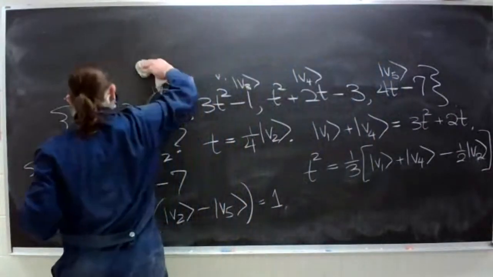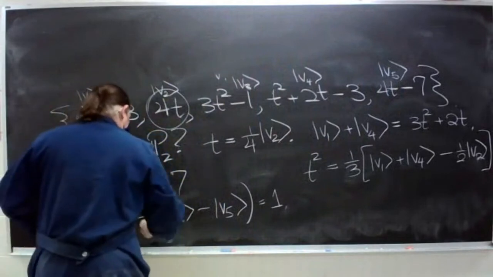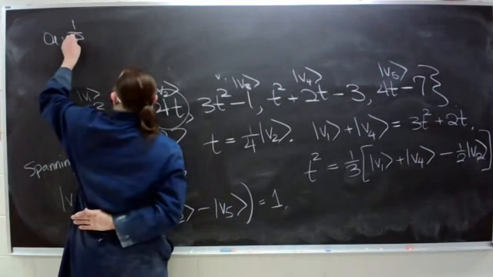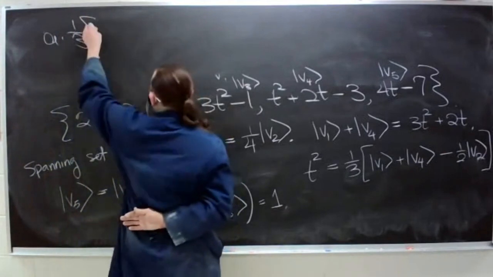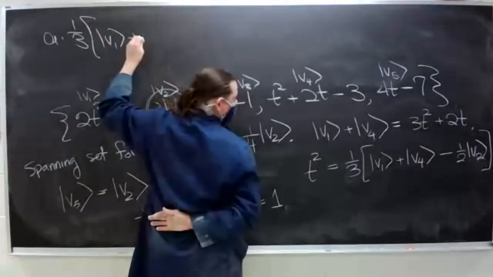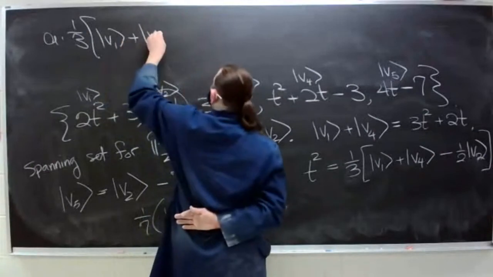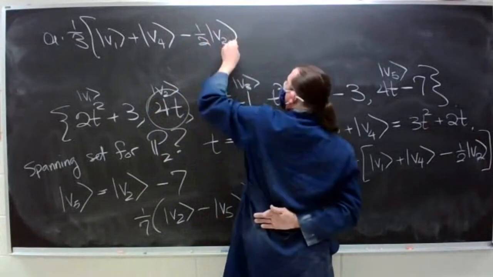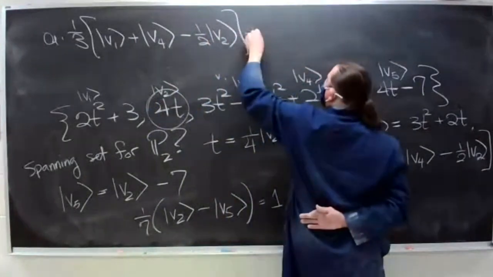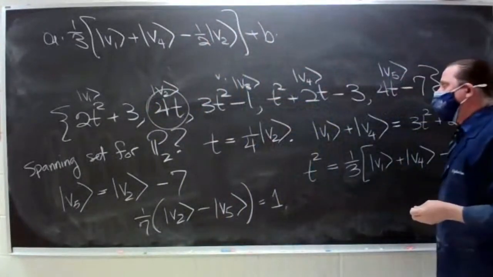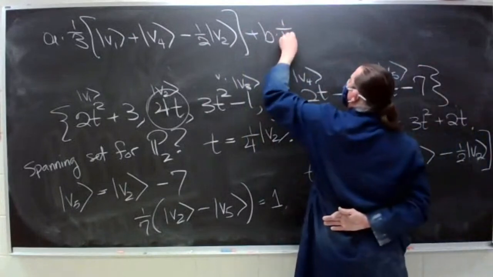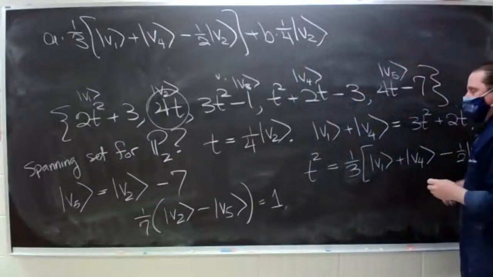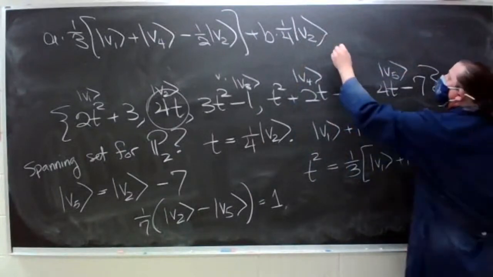So I would have a t squared plus bt plus c times 1.